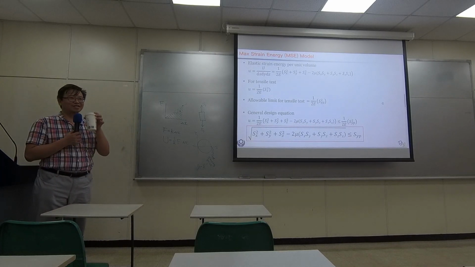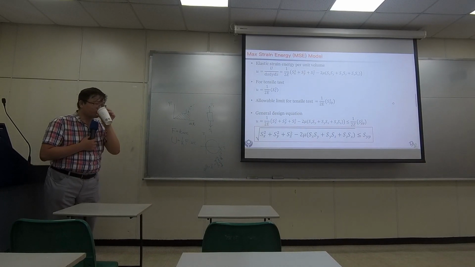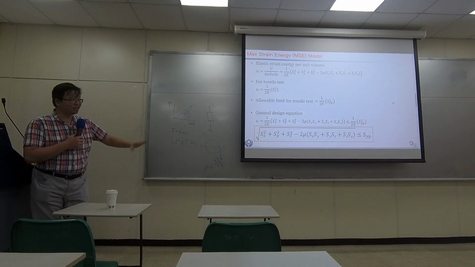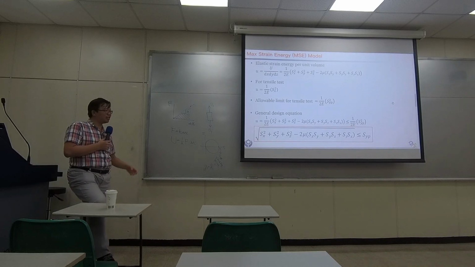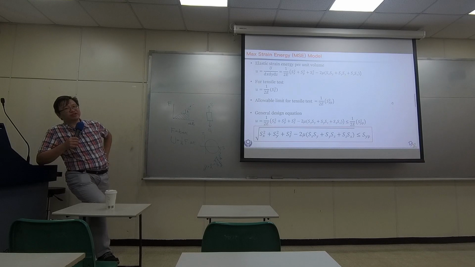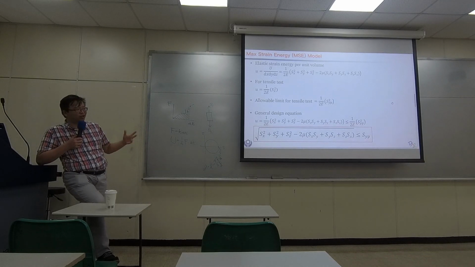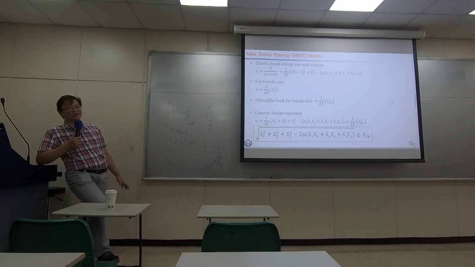Is it difficult to understand? Again, you don't need to memorize it. If I need you to use it in an exam, I will give you the equation. All I care about is whether you understand what happened. Okay, seems like you guys are okay.